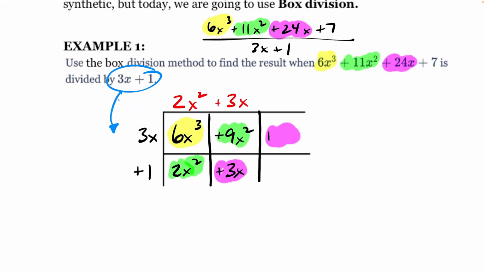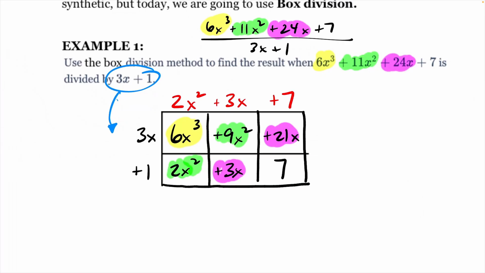So this is going to be positive 21x. Okay? Mental math. 3x times what makes 21x? 7, right? And then 7 times 1 makes 7. Close off the box. We're done with the box.